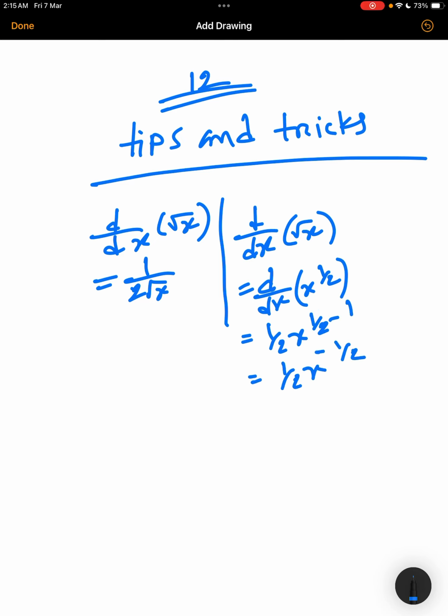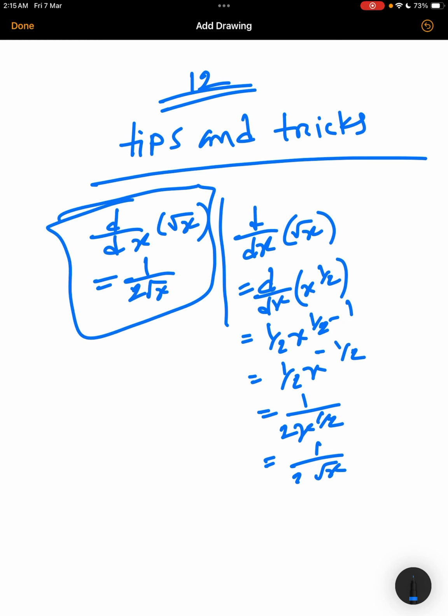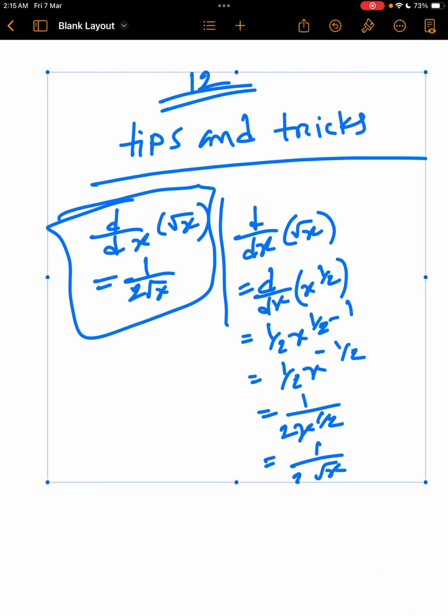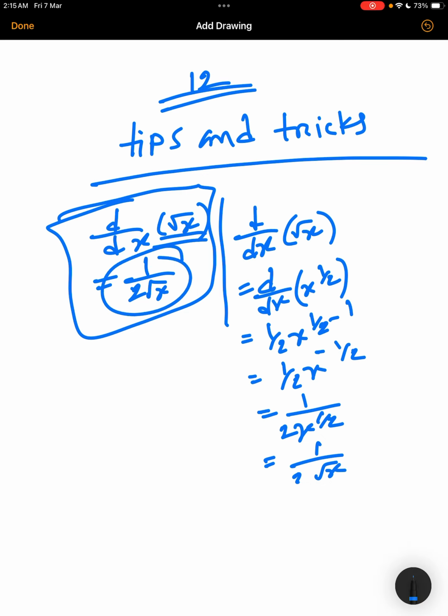So x to the power minus half, so 1 over 2 x to the power half, so 2 root x. If you remember this, it will make your life easier. So the first tip is: d/dx of square root of x is equal to 1 by 2 root x.